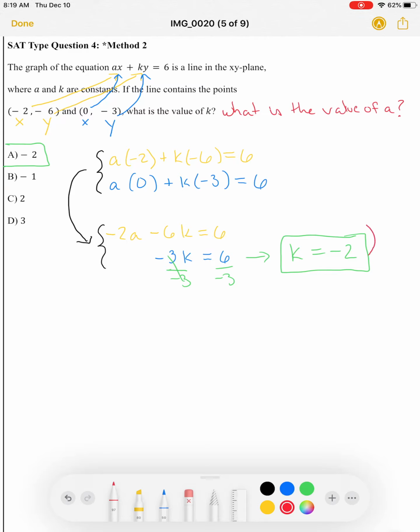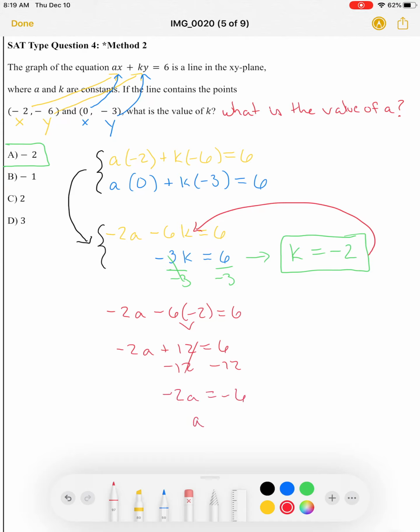Well, we would plug this back into our k value. Sorry, I don't want to skip steps for you in this video. And we would have got a as 3 if it had asked for the a value.